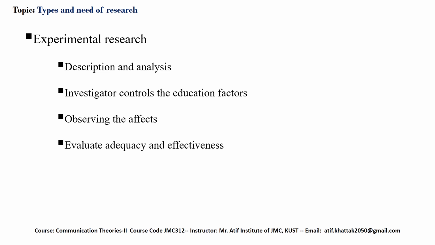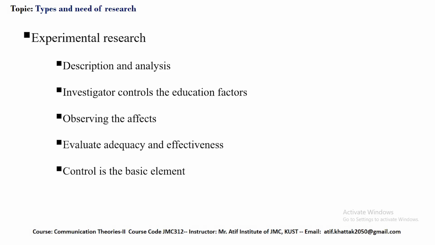In 1954, another scientist, his name is V. Good and E. Scates. According to them, experimentation is the name given to the type of educational research in which the investigator controls the educative factors to which a child or group of children is subjected during the period of inquiry and observes the resulting achievements.